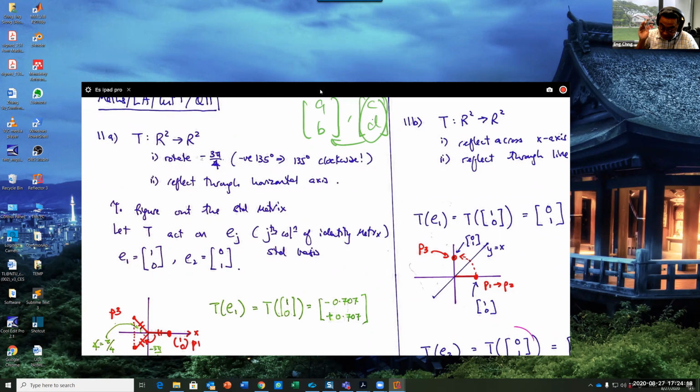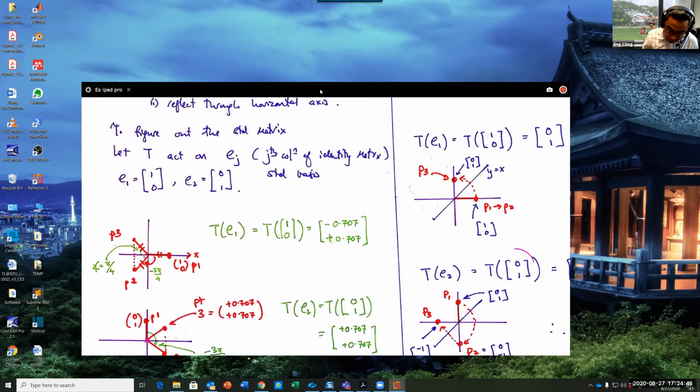Both of these 2 vectors can be used to span R2 space. But if you want easy computation, then always use the standard basis. Later on, you'll realize that maybe you want to find a different basis, but that's another story altogether. Okay, now let's try.